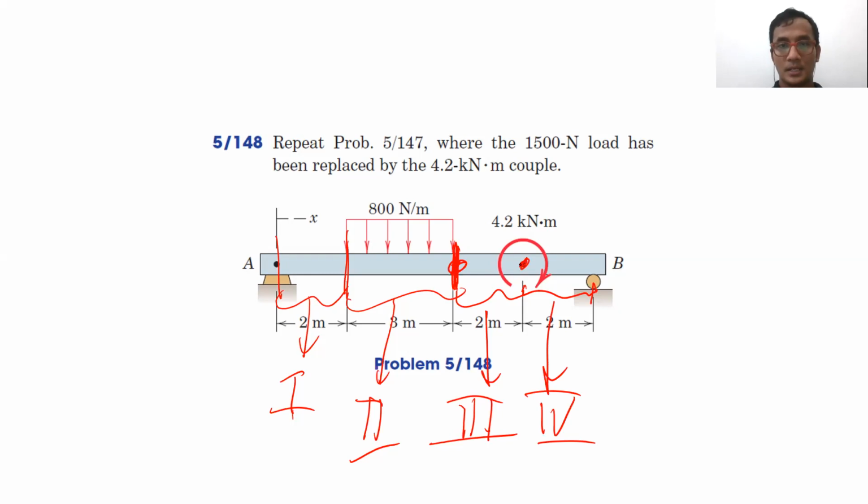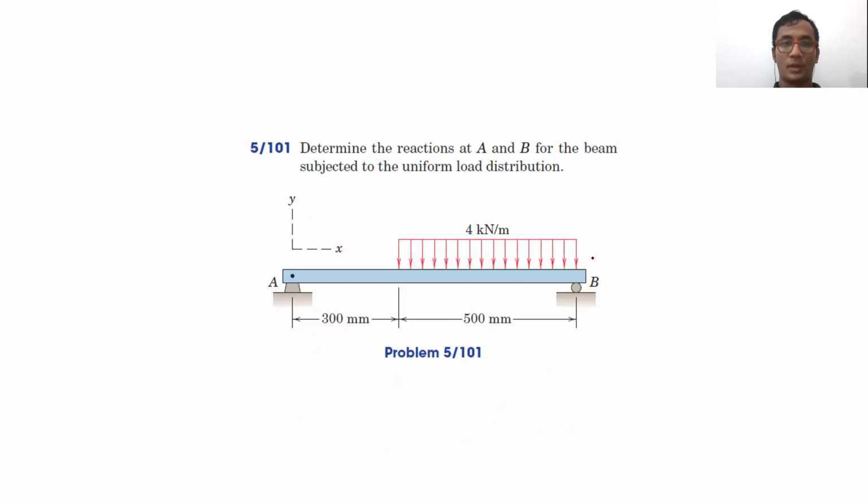But suddenly here, there is a concentrated moment, so the continuity stops there and we have to stop the equation. The fourth equation is the same, from this point to this point, and the last one is this one.